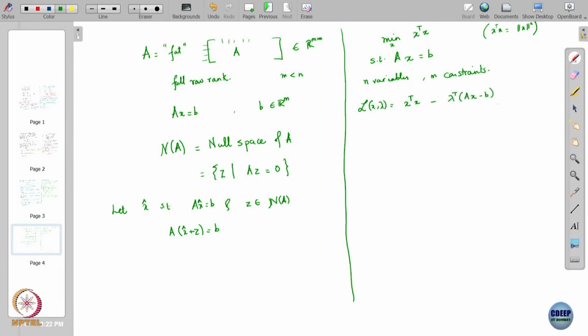Now, can you verify that this is the same as doing lambda 1 into, where A can be expressed as A1 transpose, dot dot dot, Am transpose.